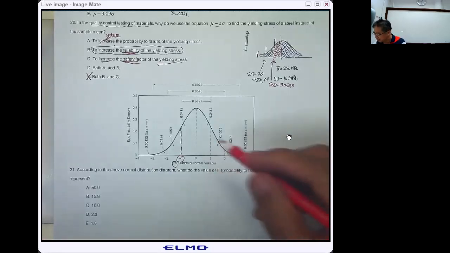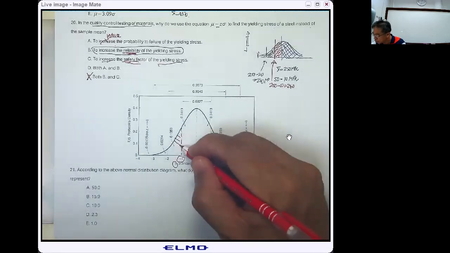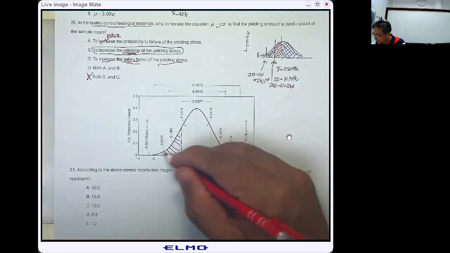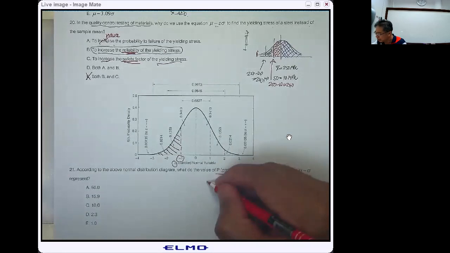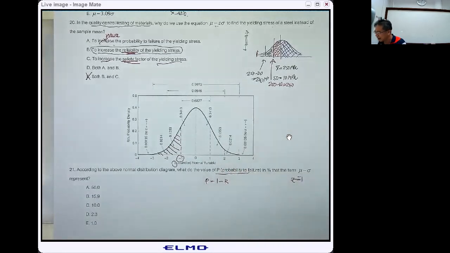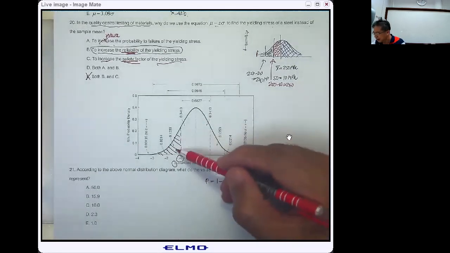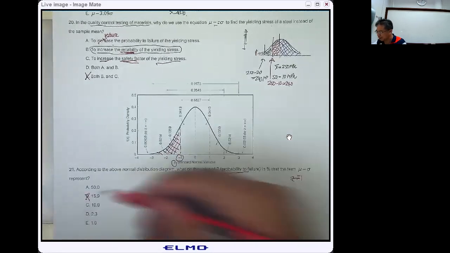It is the probability of failure, right? So P is going to be 1 minus R. And if you combine this area together, you will get 15.9.